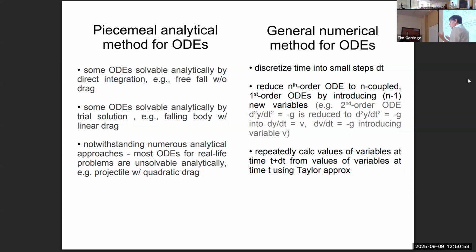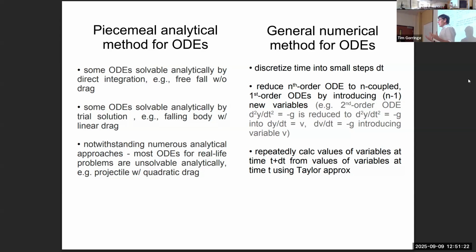There are lots of other methods for solving differential equations analytically. I asked ChatGPT this, and it gave 20 different methods for solving problems analytically. It's just a huge collection of analytical methods that work in these little corners of the space of differential equations.